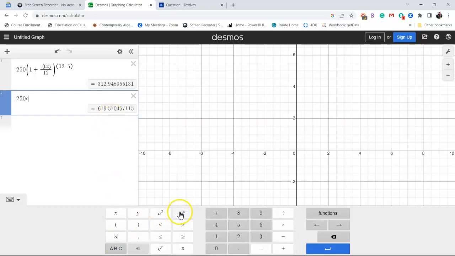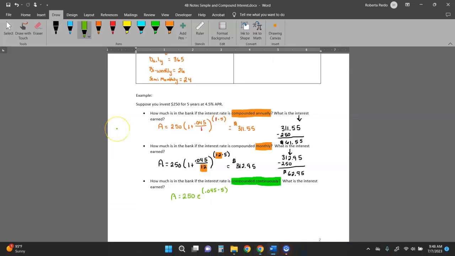But now I need to raise it to the, I'll use parentheses, 0.045 times our 5 years, and we end up with $313.08.